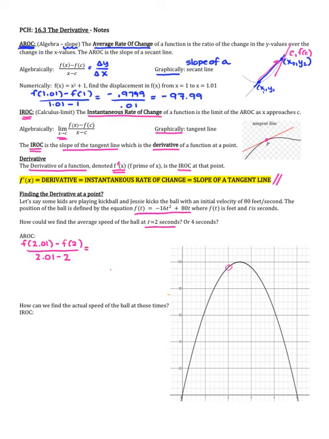And then we would plug those values into our function. So f of 2.01 minus f of 2 is going to give me 0.1584. Down here we have a delta x of 0.01. That is going to give me 15.84 feet per second.